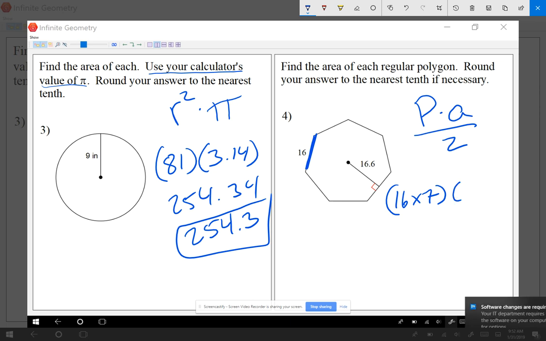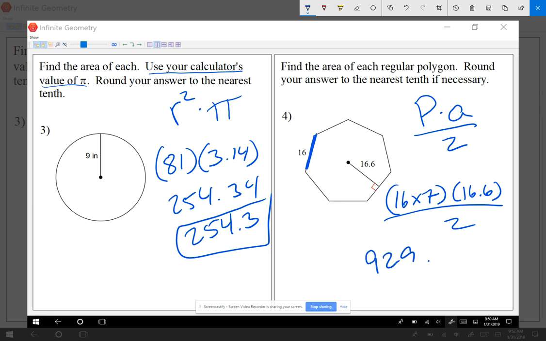The apothem in this case is 16.6, which you guys can see. And whatever I get, I'm going to divide it by 2. So I'm going to go 16 times 7 times 16.6 and divided by 2. So this gives me 929.6. Right? Not bad. Perimeter times apothem divided by 2.